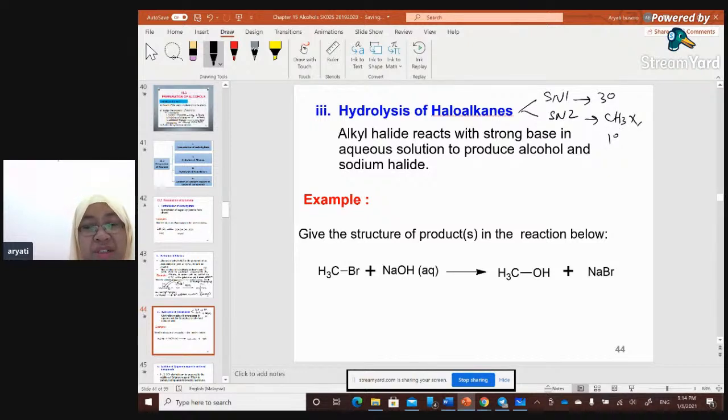So for example, this one is methyl bromide or bromomethane. Br undergoes nucleophilic substitution reaction. So Br minus is substituted by OH minus. So this is a type of reaction called nucleophilic substitution reaction.